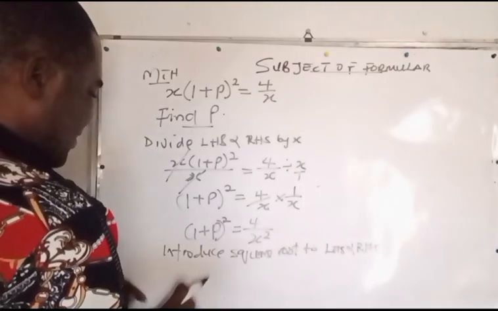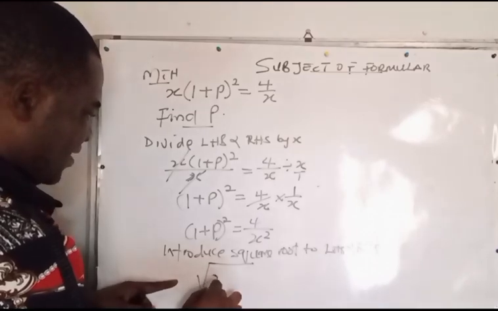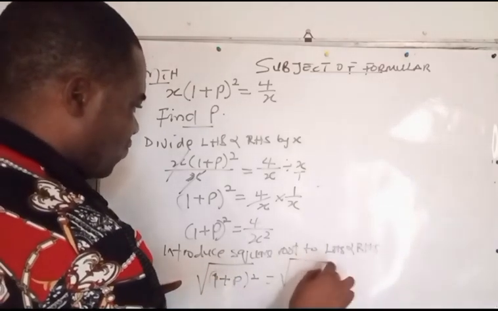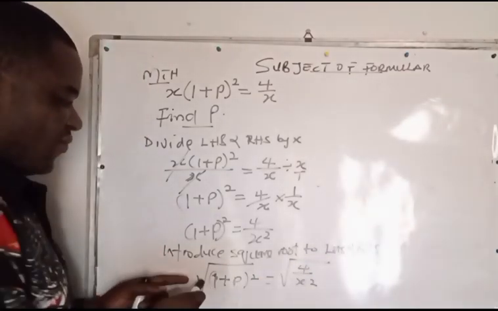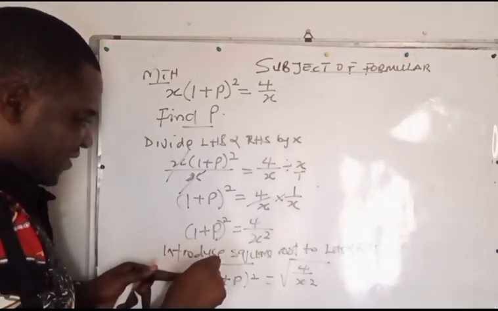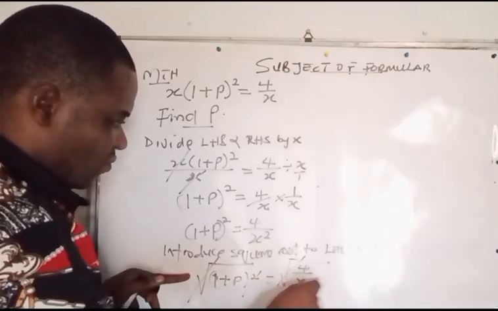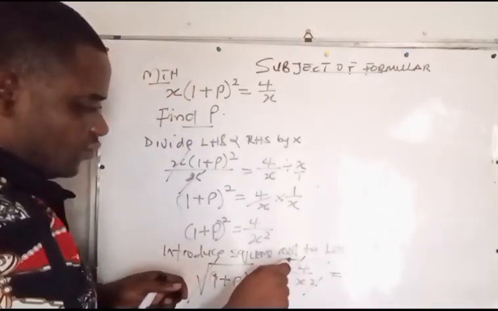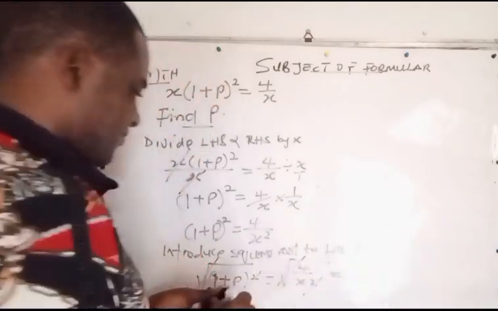So if we do that, then we are going to have the square root of 1 plus p square is equal to the square root of 4 over x squared. Do you know that a square root and a square cancel each other? So this square root sign will cancel these two, and this square root sign will cancel these two, while the square root of 4 is 2, and x alone will remain.